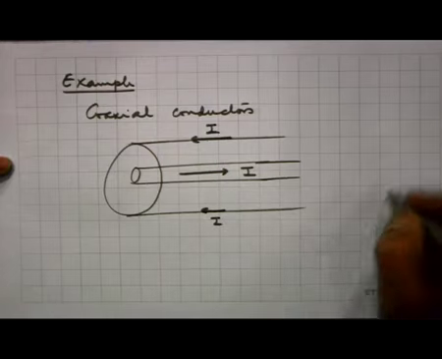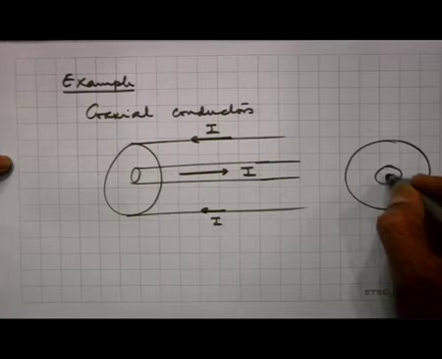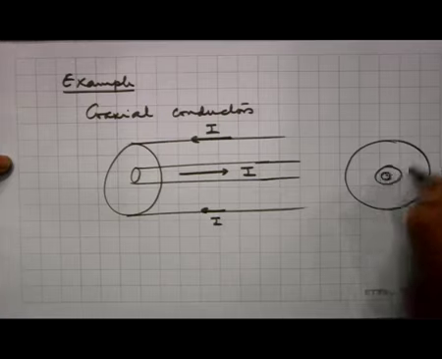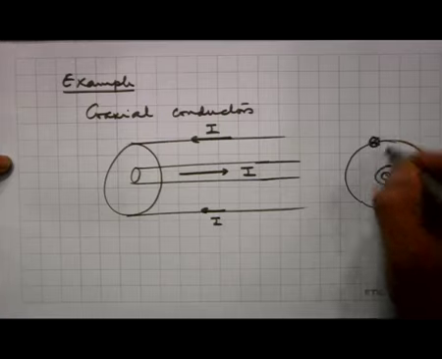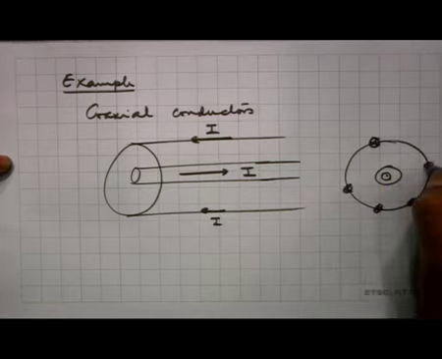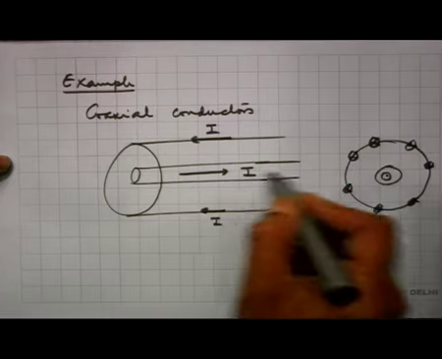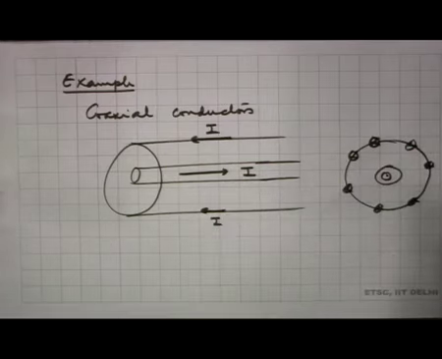The cross section will look something like this. Current is coming towards me here, and flowing away from me here. It's uniformly distributed across the cylinder. The same current I flows in from here and flows back from here.